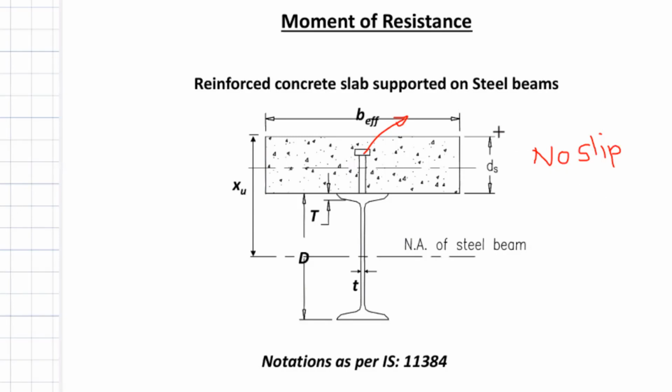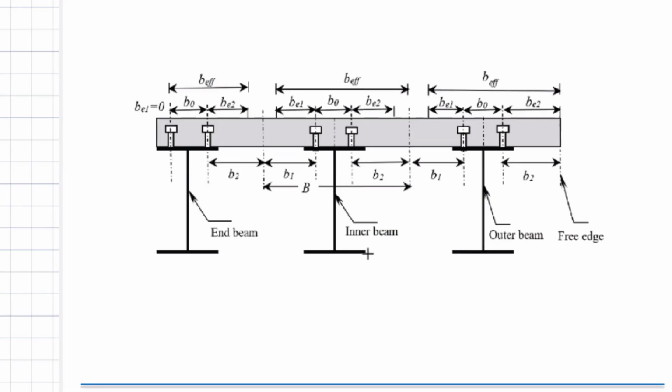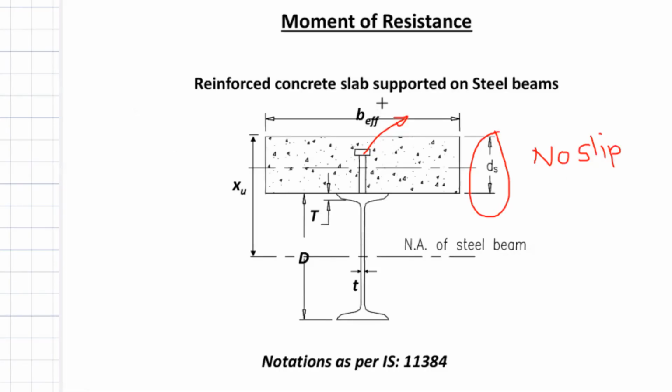In IS 11384, we call this the depth of slab, and this is the steel beam. In this particular case, your neutral axis is in the web of the steel beam. Now, a much important part of the design is a value called Beff. This is called B effective, very similar to the B effective that we use in the T-beam design of reinforced concrete. Very similar concept.